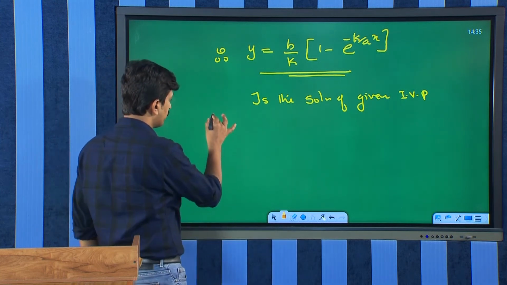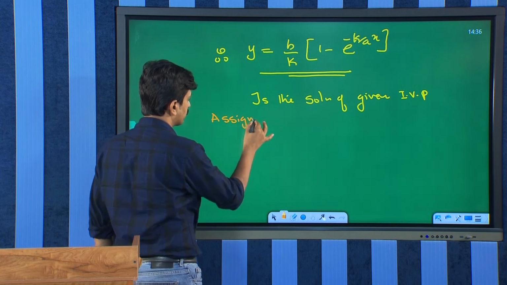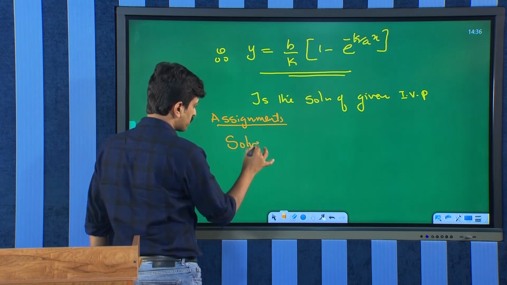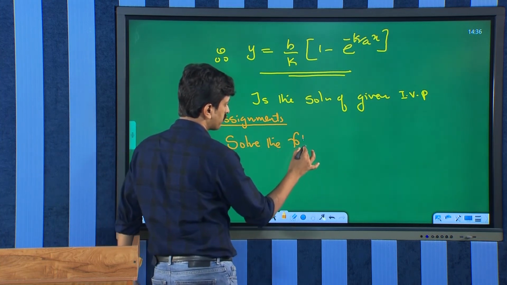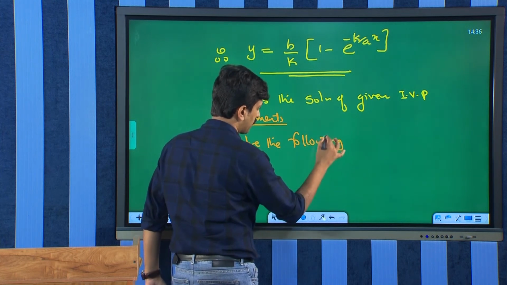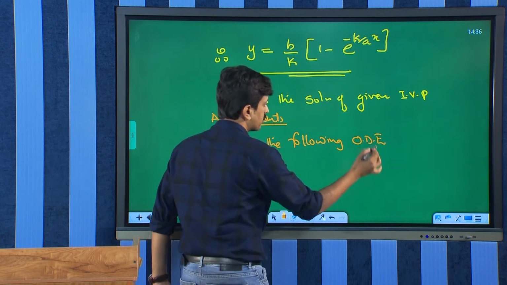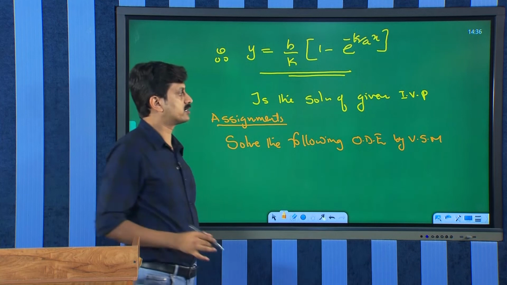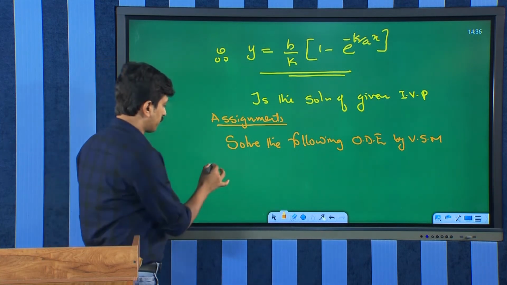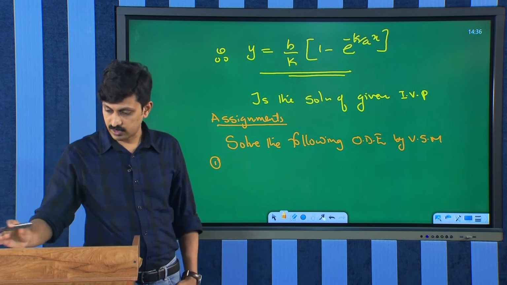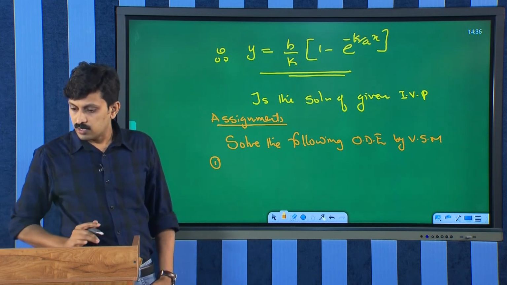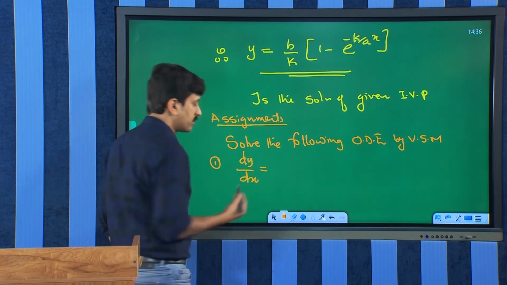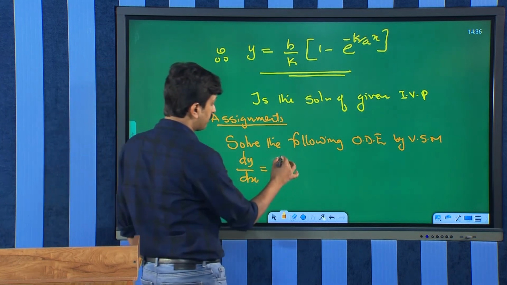I would like to give you some assignments from this part. Solve the following ordinary differential equations by the variable separable method, the VSM method. The first one is dy by dx is equal to 1 plus y square divided by 1 plus x square.